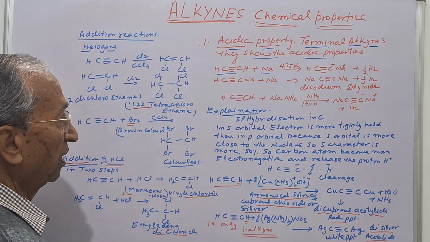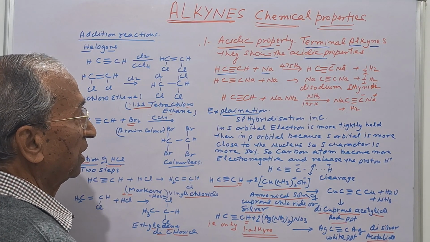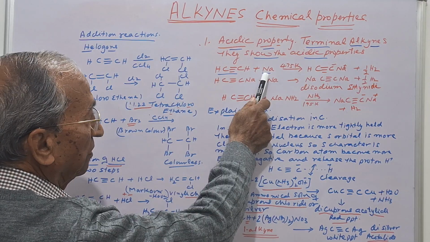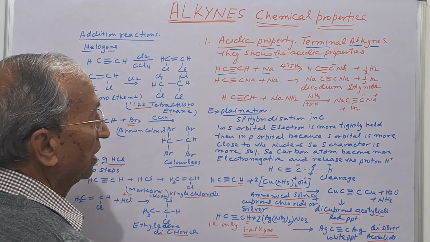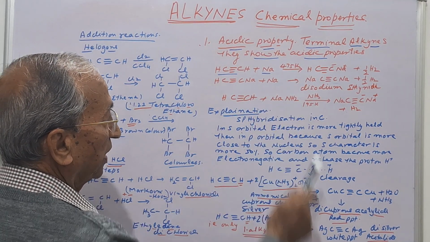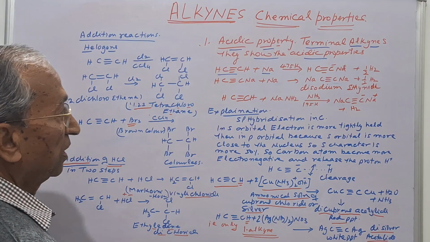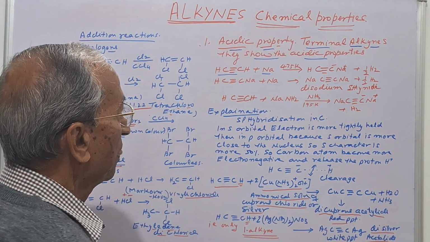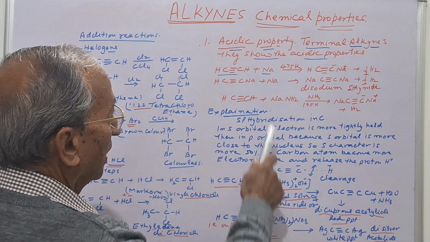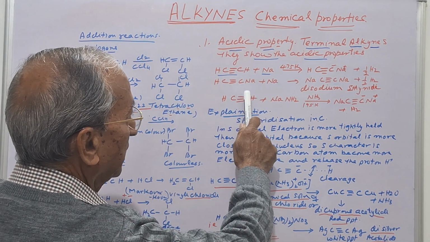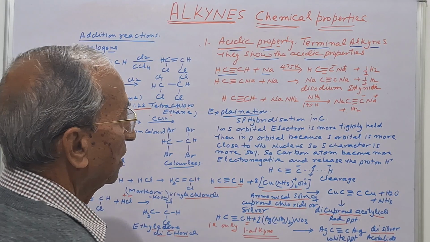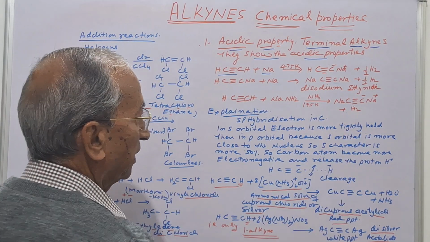Now first I will explain the reactions. Ethyne reacts with metal sodium at about 475 K. In the first step it forms monosodium acetylide, and in the second step it forms disodium acetylide by the release of hydrogen.